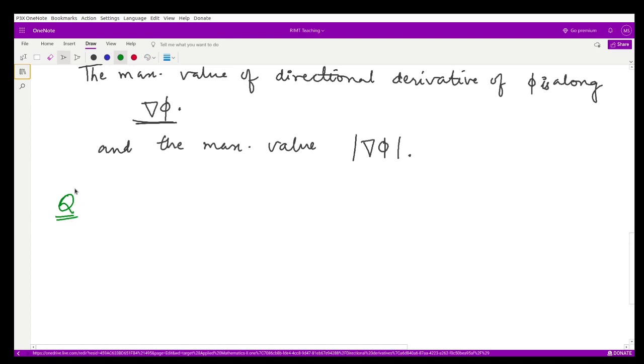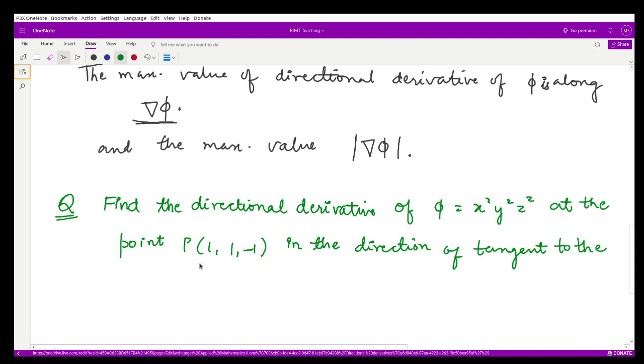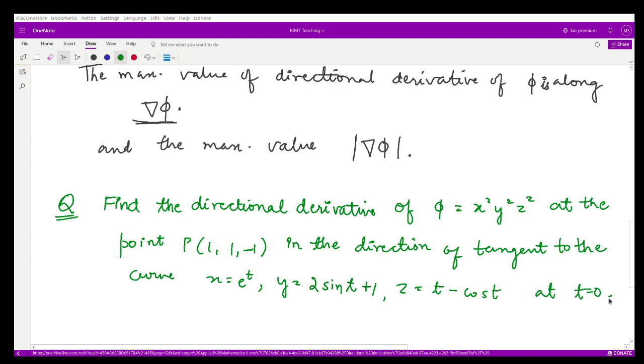It says that you are to find the directional derivative of phi, which is equal to x square y square z square at the point (1, 1, minus 1) in the direction of the tangent to the curve x is equal to e to the power t, y is equal to 2 sine t plus 1, and z is equal to t minus cos t at the point t is equal to 0. So you could try this question, right?